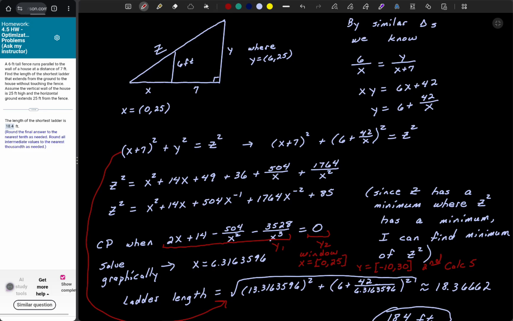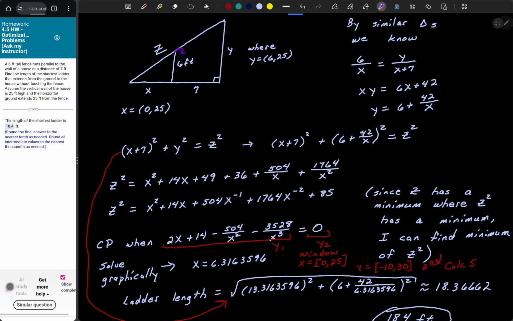Okay, so I went ahead and labeled what I had, best I could, with a triangle. We know that the ladder is going to lean against the house, and it said that the maximum height up the house it could be is 25. Now, I went ahead and said that the range for the y values, or the domain for y, is a reasonable height.